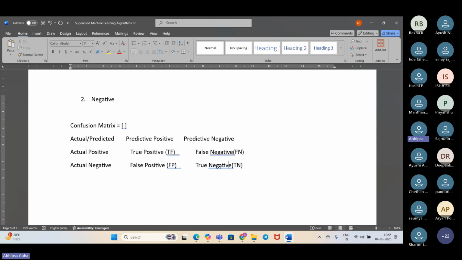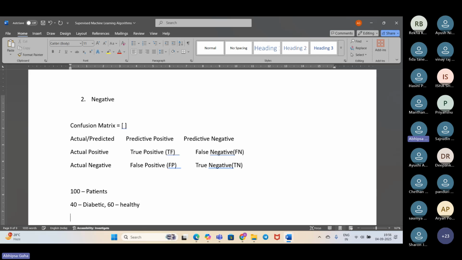So for reference, suppose we are taking a data set of 100 patients. Suppose 40% have diabetes, and therefore 60% are healthy, they have no diabetes.